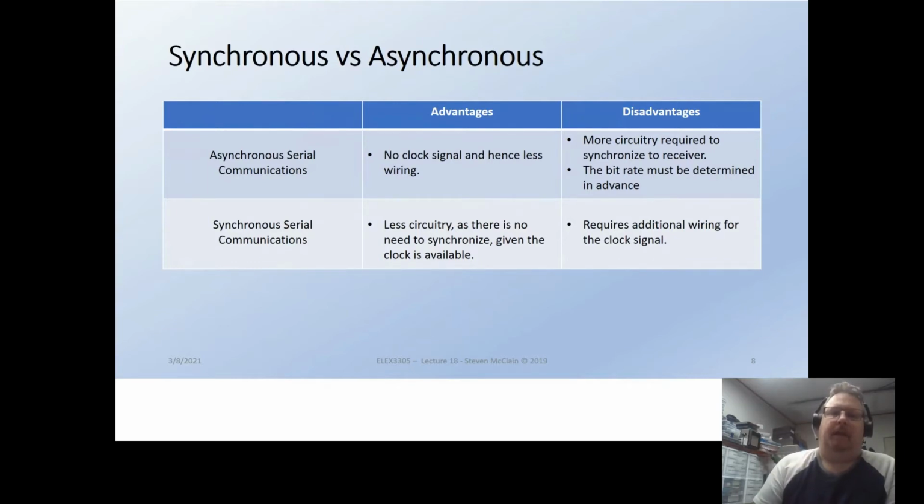In the synchronous system, the data speed is completely governed by the speed of the clock, which doesn't even have to be constant. It could slow down and speed up, because it's only on the rising edges that it's going to actually sample.